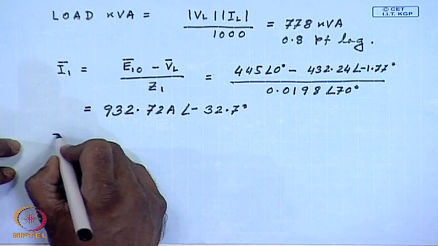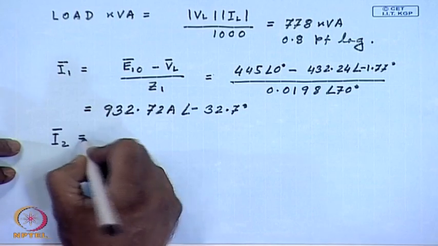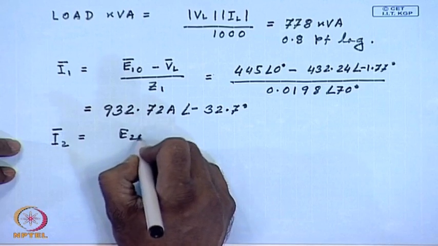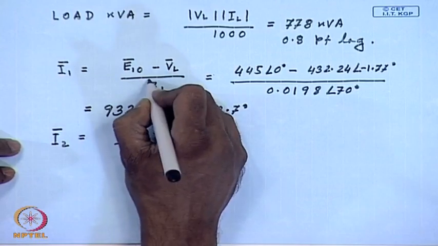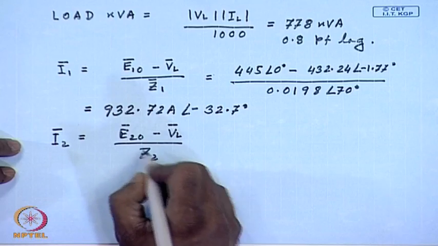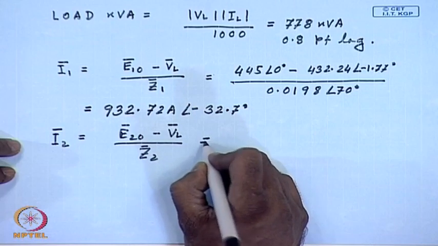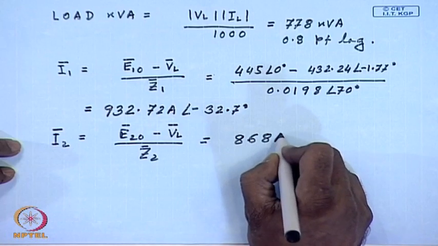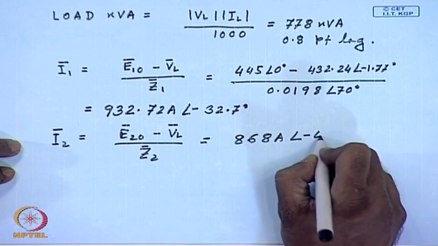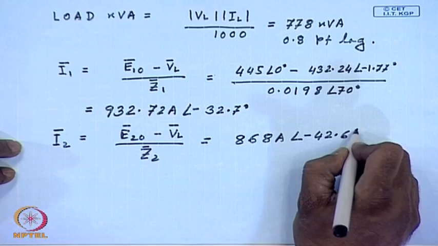Similarly, we can find out I2, this is given by E20 minus VL divided by Z2 and after calculation this comes 868 amperes angle of minus 42.6 degrees.